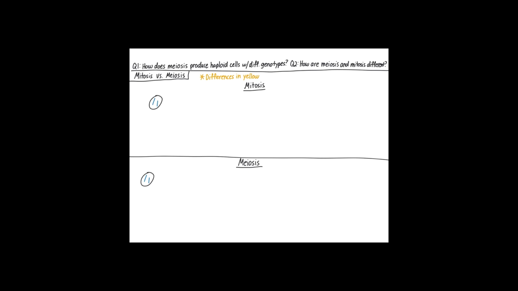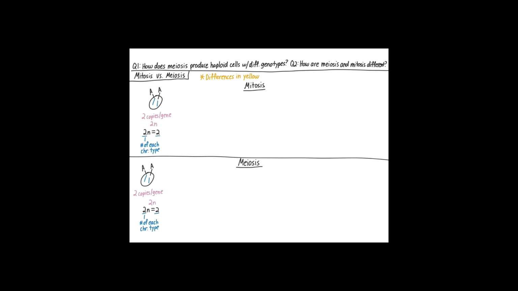For this diagram, we'll use a cell with only one chromosome type. So this cell has two copies of each gene, is diploid, so it's 2N. In fact, it's a 2N equals 2 cell. Recall that this 2 means that it's diploid, or has two of each chromosome type.